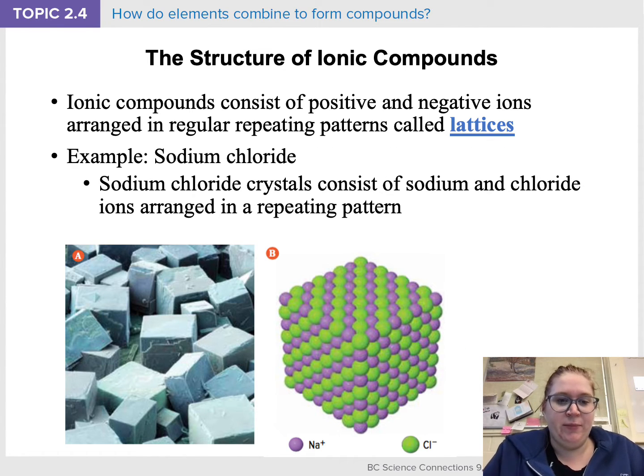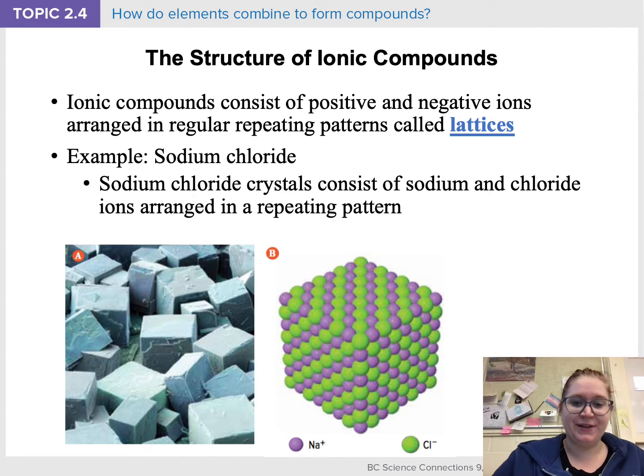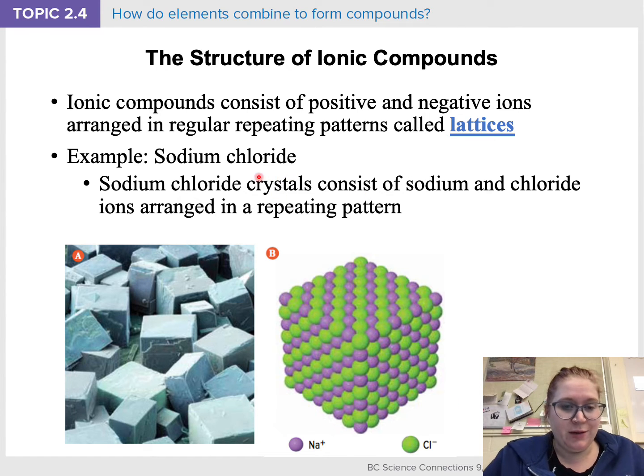Structures of ionic compounds. So ionic compounds consist of positive and negative ions arranged in regular repeating patterns called lattices. And this is what this looks like. So here's sodium chloride. The purple circles are sodium ions. The chlorine, remember when non-metals become ions, they get an IDE ending, so chlorine becomes chloride.